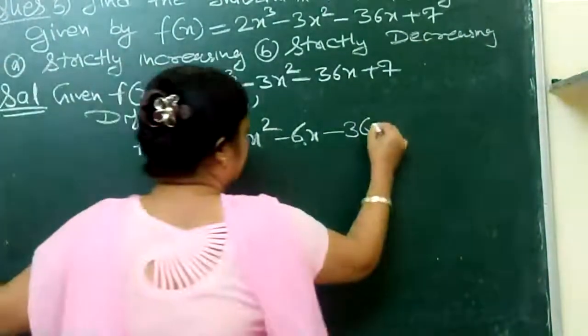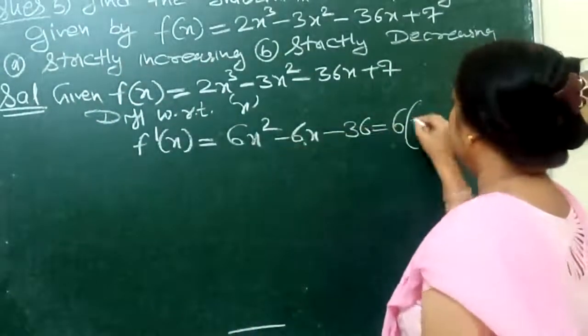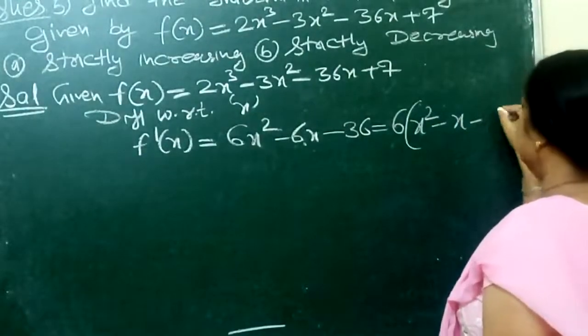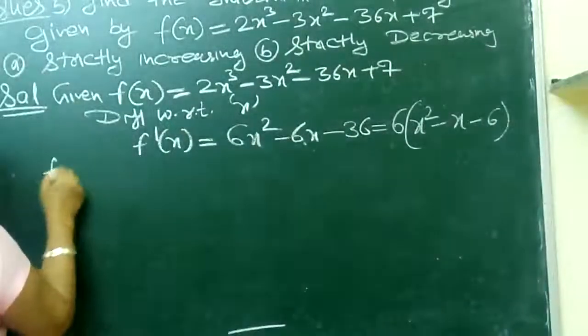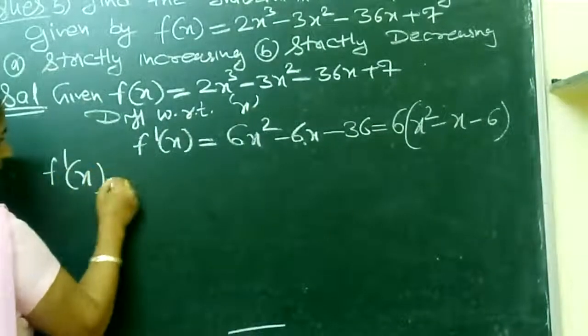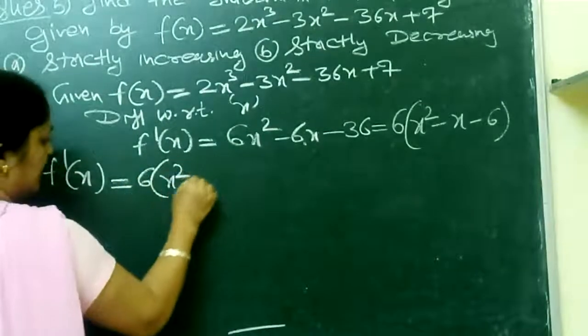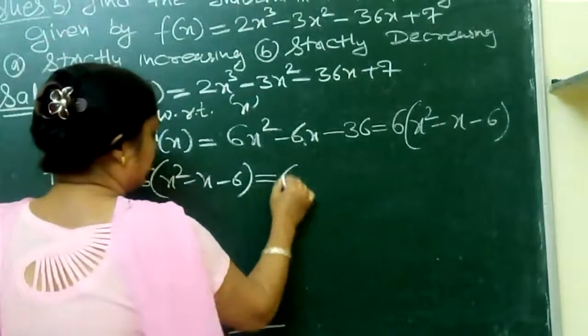After that we can take 6 common. What is left here? X square minus x minus 6. Now we will find out the factors here. F dash x is equal to 6 into x square minus x minus 6. What will come here?